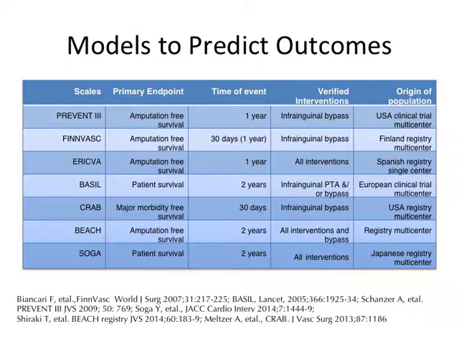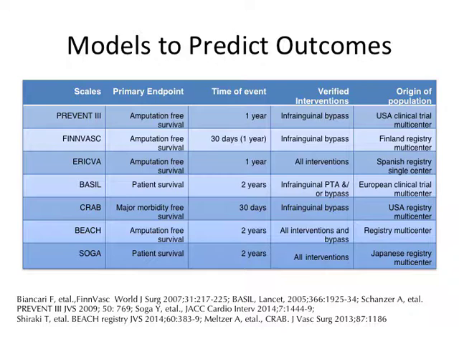Let me just review quite briefly some of the pertinent issues regarding these risk models, everything from PREVENT-III to Dr. Soga's excellent paper. They've used amputation-free survival or just patient survival as a primary endpoint. Time of event is between 30 days and 2 years. The verified interventions are different.